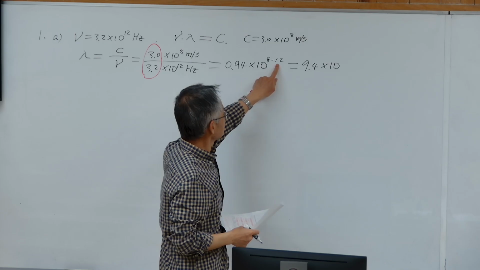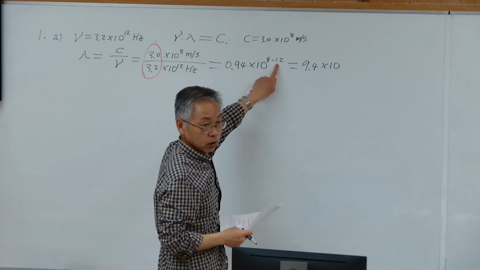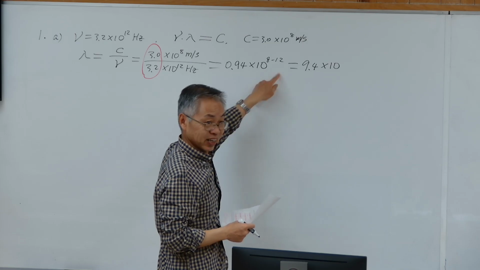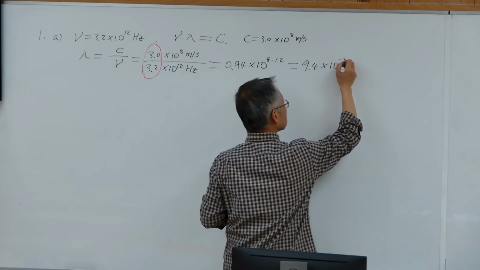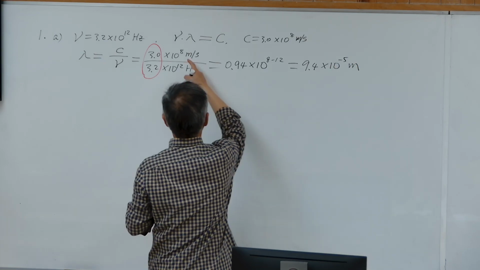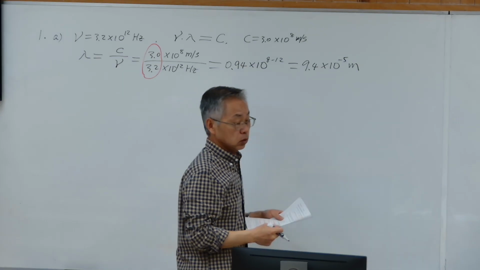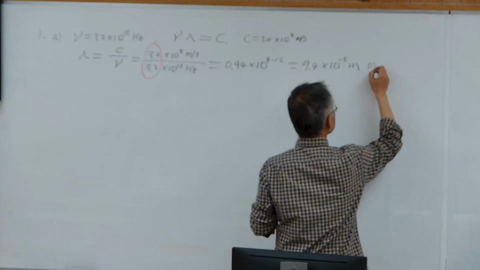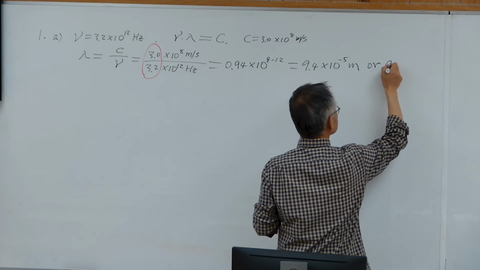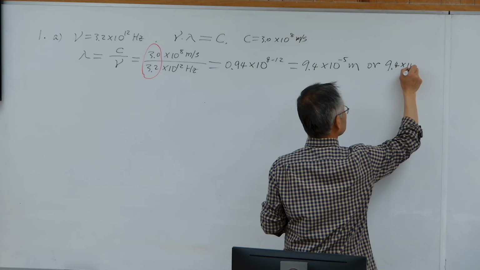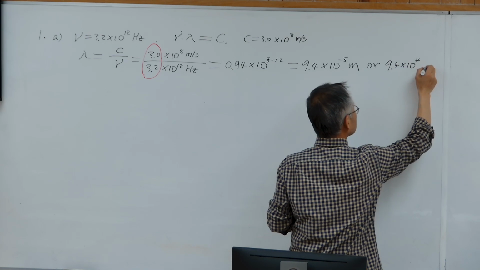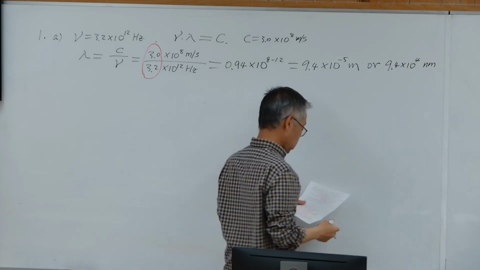So this is negative 4, then minus 1, negative 5. The unit is meter. You can keep this answer, or if you want, you can convert it to nanometer by times 10 to the 9th power, so this should be positive 4 nanometer.